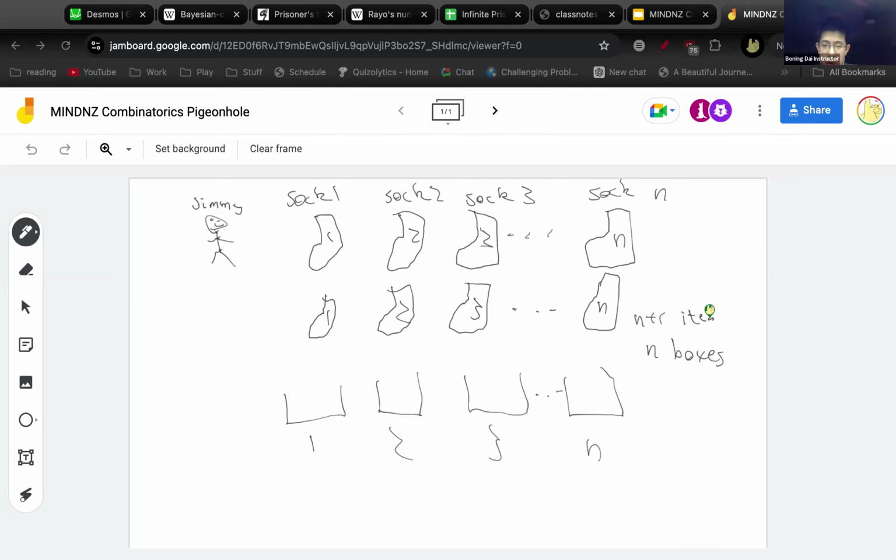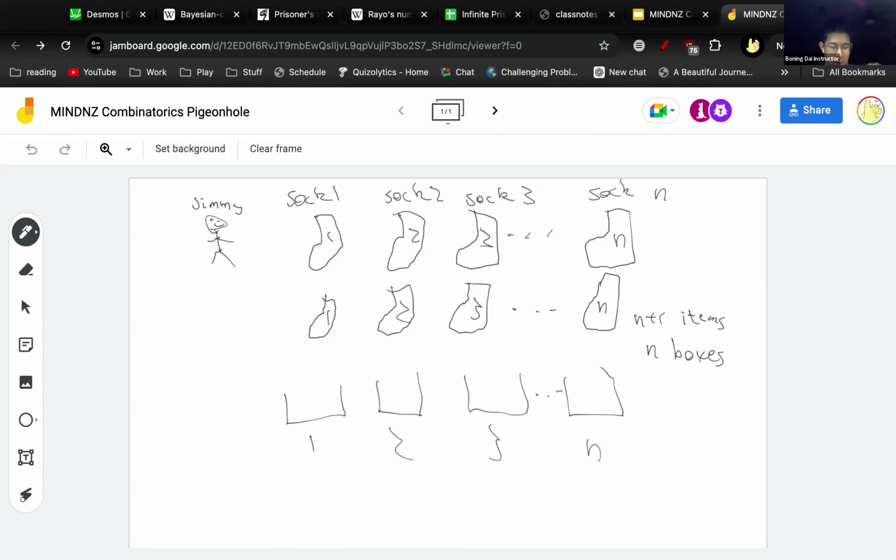And therefore, the answer is n plus 1, because drawing n plus 1 socks makes us guaranteed to put 2 socks in a single box. And if we really wanted to be rigorous, we could prove that if we drew n items, it wasn't enough to make a pair of socks, because our answer is n plus 1, but you have to prove that the answer is both sufficient and necessary.